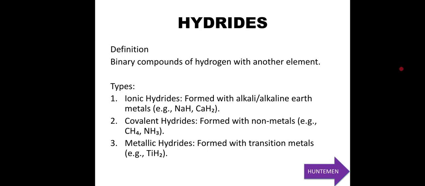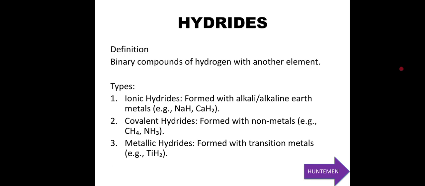Hydrides. What are hydrides? Hydrides are binary compounds of hydrogen with another element. Examples of hydrides are sodium hydride, calcium hydride, even CH4 is an example of a hydride of carbon, but we call it methane.